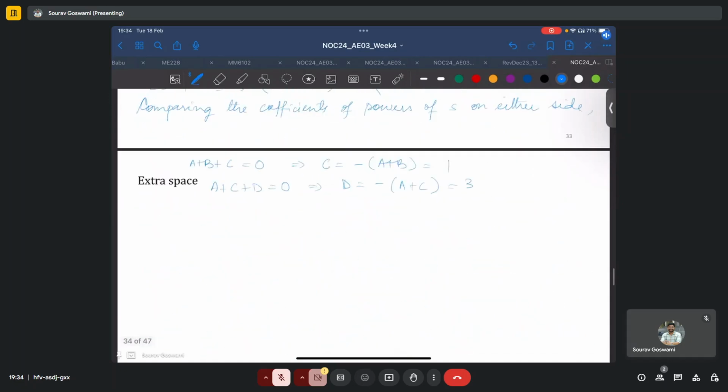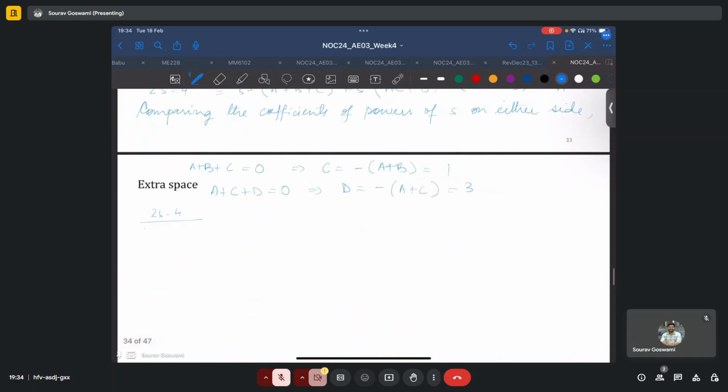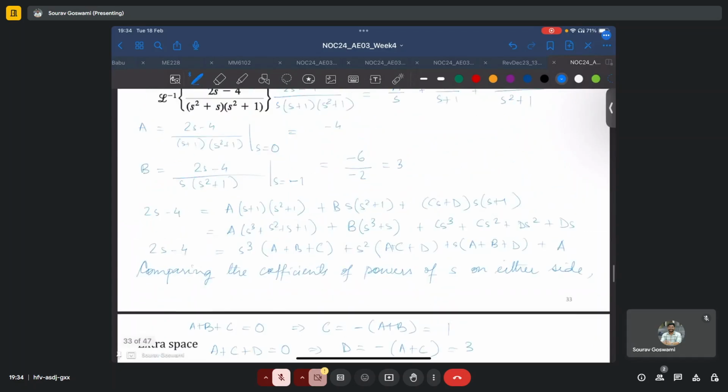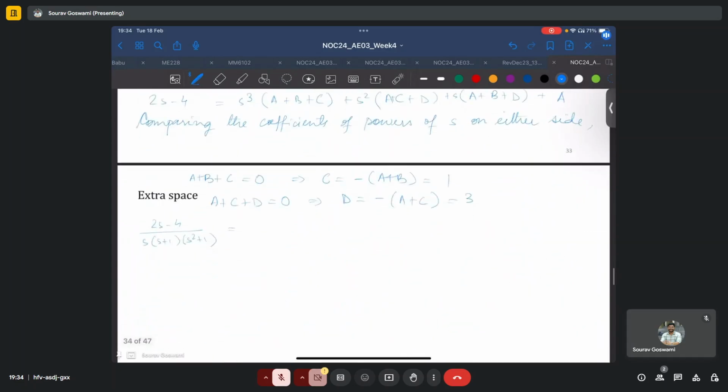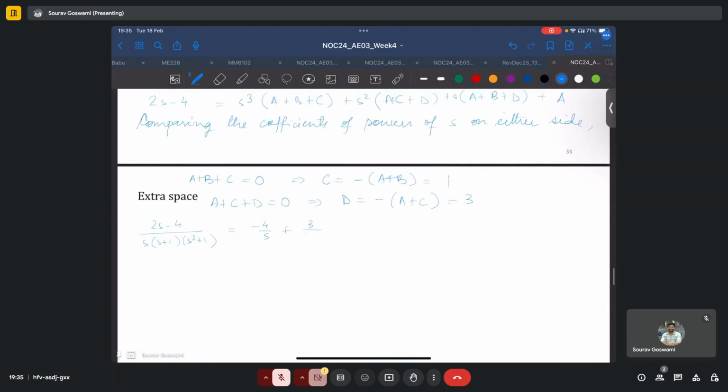So (2s minus 4) by (s plus 1)(s square plus 1) equals minus 4 by s plus 3 by (s plus 1) plus (s plus 3) by (s square plus 1).